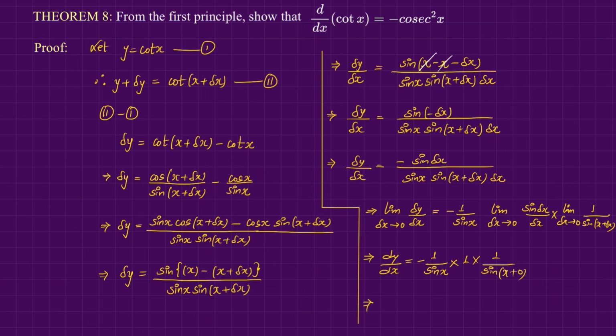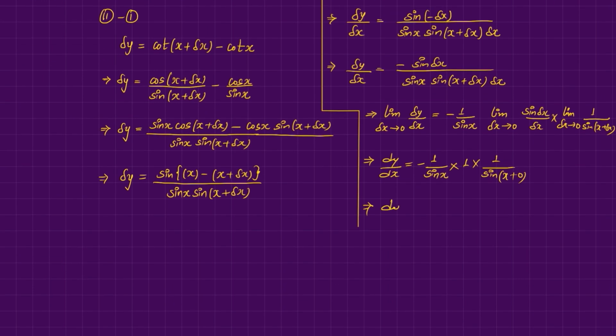So this implies dy by dx equals minus 1 by sine x into 1 by sine x, and this implies dy over dx equals minus, see, 1 by sine x into 1 by sine x is 1 by sine square x, and since 1 by sine x is cosec x, we can write minus cosec square x.